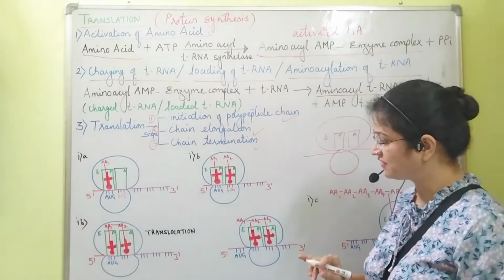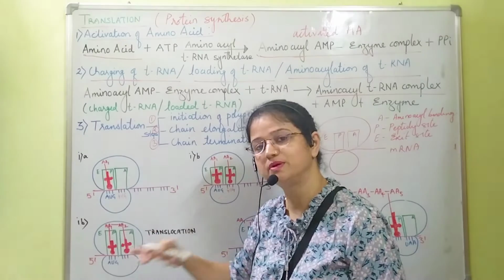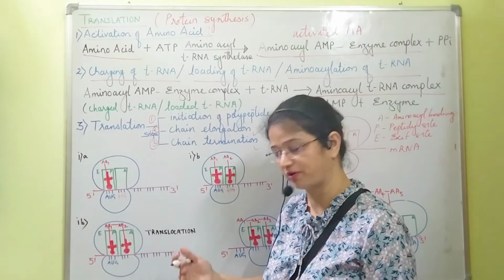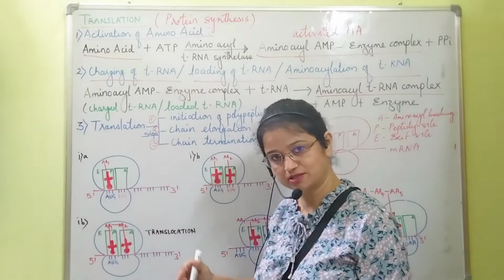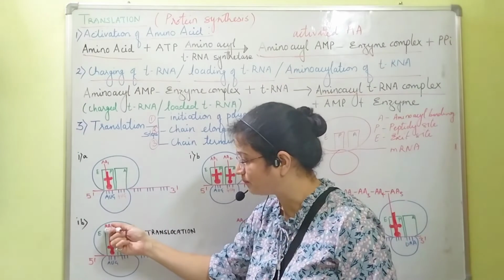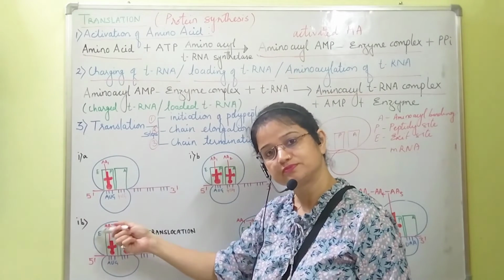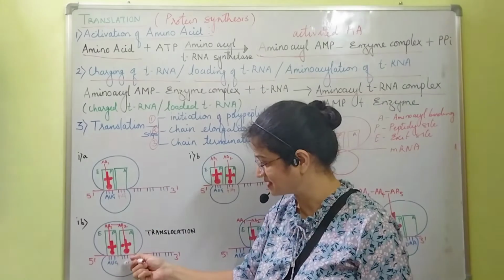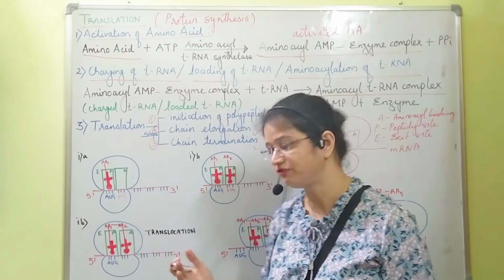Clear? Now what will happen? There will be bond formation, peptide bond formation between amino acid 1 and amino acid 2. The carboxyl group of the first amino acid and the amino group of the second amino acid which is present at the A site.